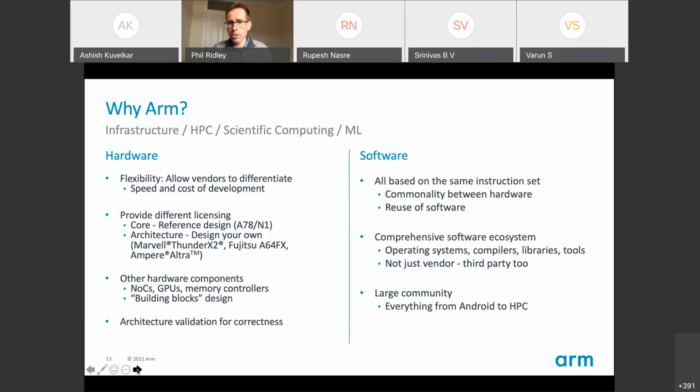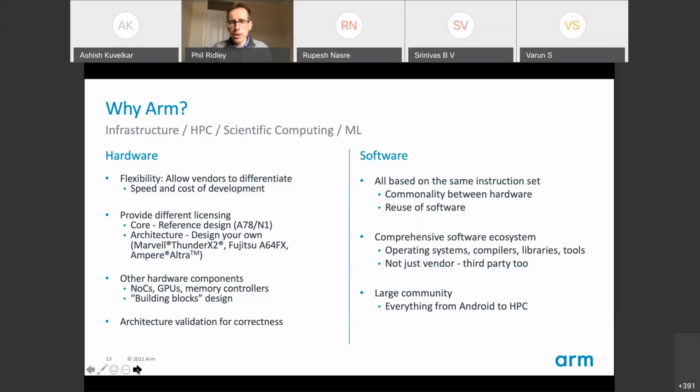It's not restrictive, so you can have a processor that has good memory bandwidth, or a certain floating point arrangement that suits a particular workload or something like that.